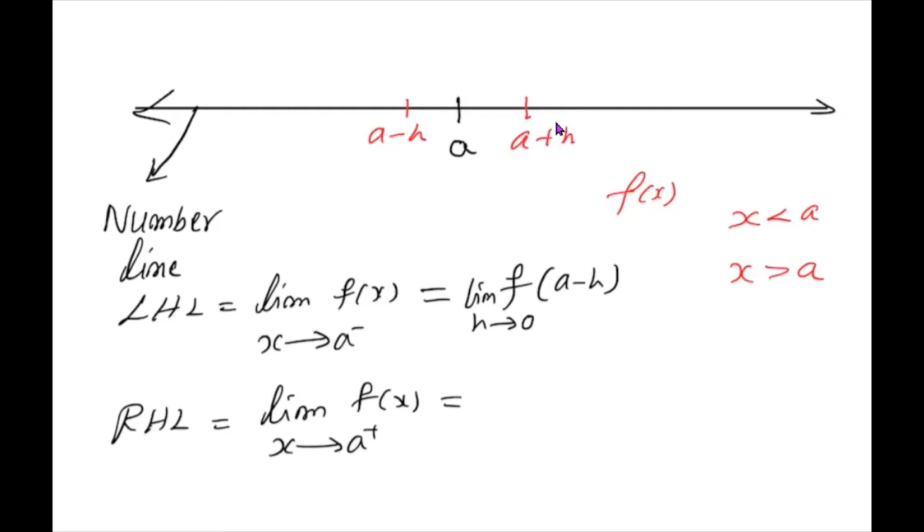As h becomes 0, a plus h moves towards a from the right. So we replace x by a plus h and take limit as h tends to 0. That gives us the right-hand limit of the function.